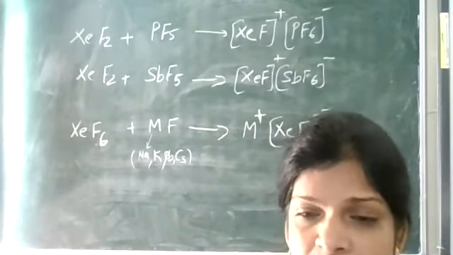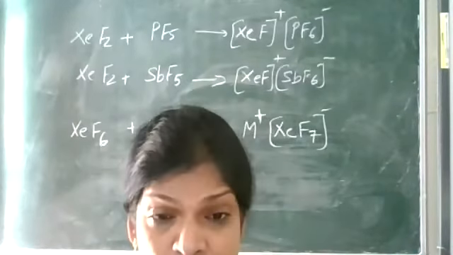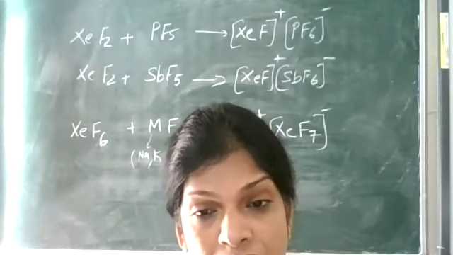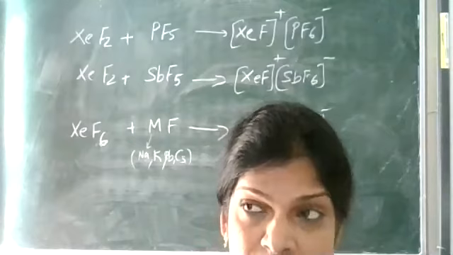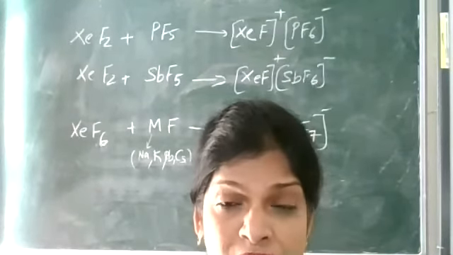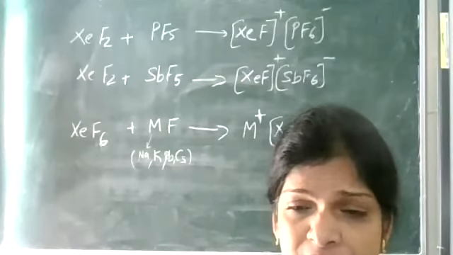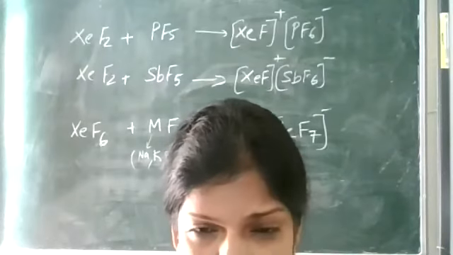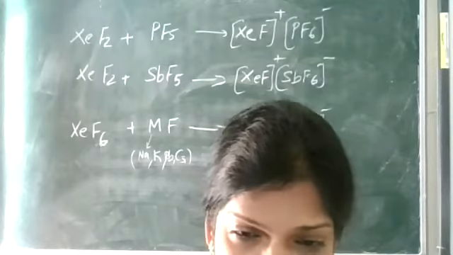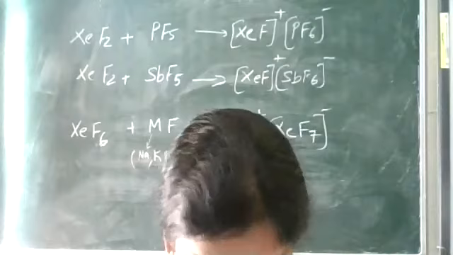The others have d orbitals, but helium does not have that either. It has high ionization enthalpy and positive electron gain enthalpy. So all the reasons you can write: helium's duplet is complete, helium is very small, it has high ionization enthalpy, and absence of d orbitals.